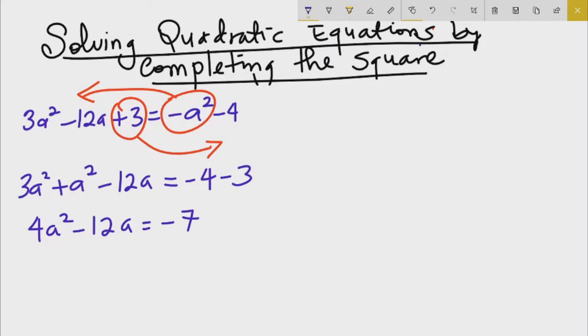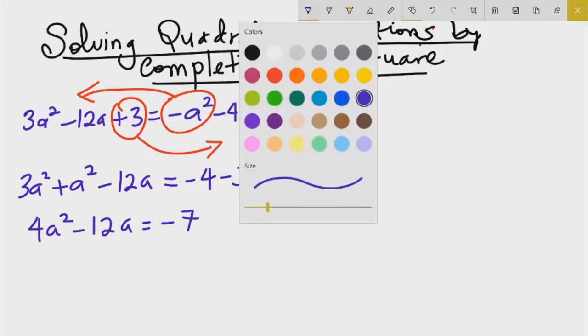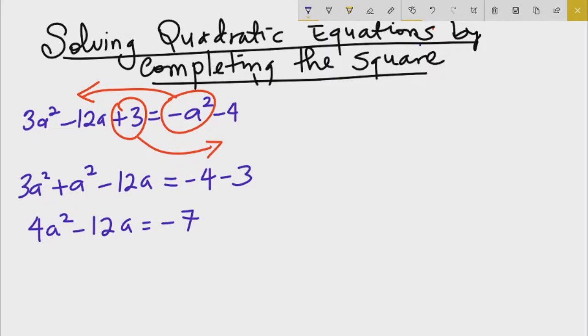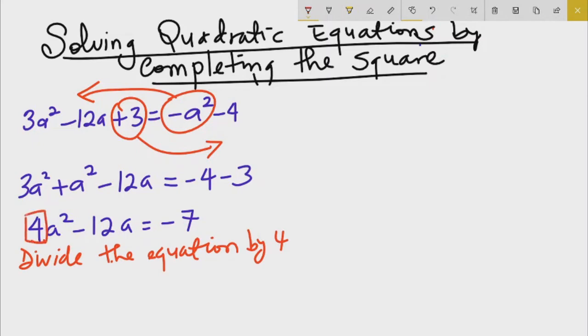In this case, the coefficient of a² is not just 1, it is 4. Before you solve this, you need to divide your equation through by 4, because you want to get rid of this coefficient of 4.